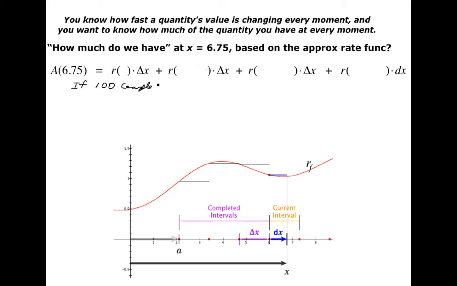R of A plus 99. So this was 3 intervals, right? And that's 2. And so then your last x value was 2 delta x, j minus 1. So if you have 100 completed intervals, then your last x value should be 99. So it should be 100 or 101? 100. You see?